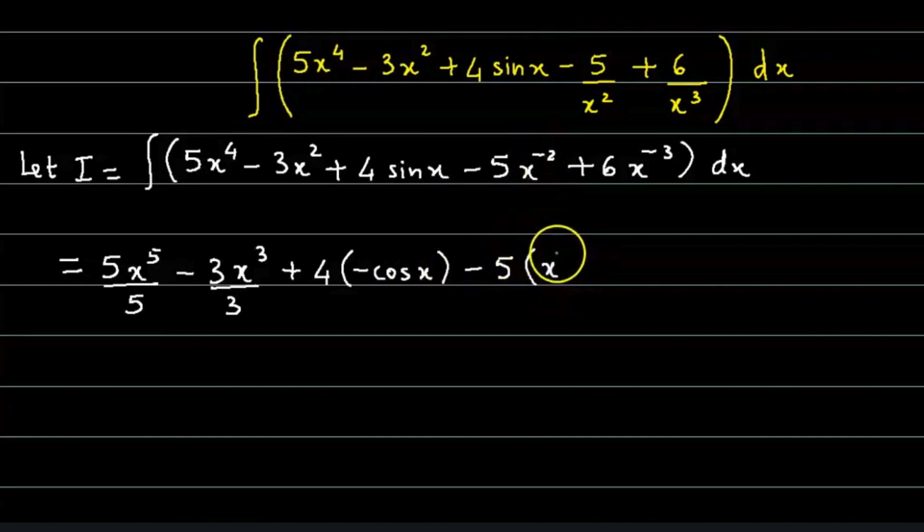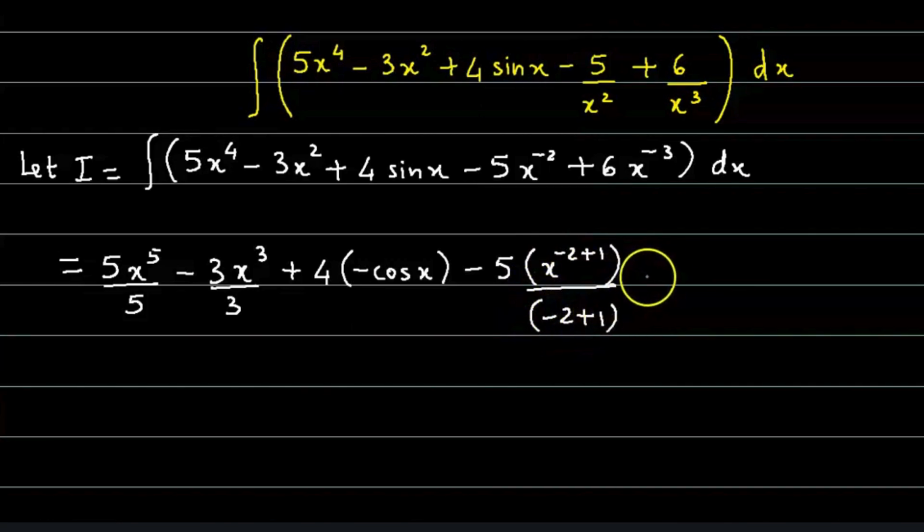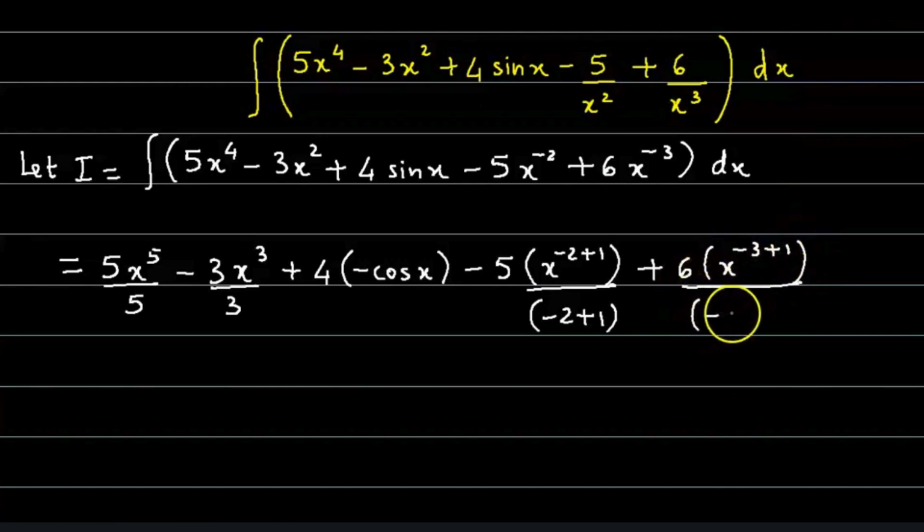So this is x raised to minus 2 plus 1 upon minus 2 plus 1 plus 6 times integration of x raised to minus 3 is x raised to minus 3 plus 1 divided by minus 3 plus 1 plus c.